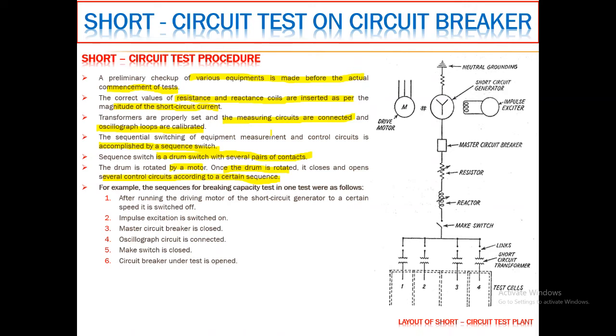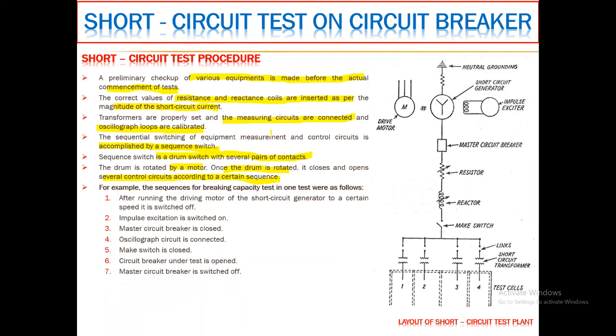So first you have to close the master circuit breaker and the circuit breaker under the test. Afterwards, you have to supply the short circuit current at a desired moment, and it can be applied by closing the making switch. Once you close the making switch, the short circuit current is applied to the circuit breaker, and the circuit breaker has to break the circuit on the application of short circuit current.